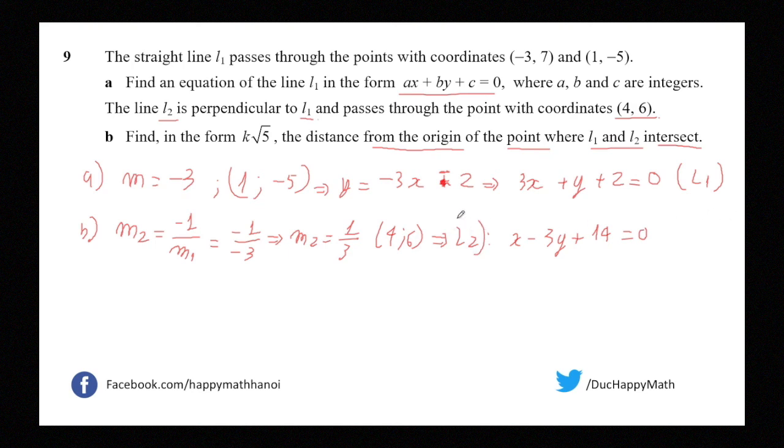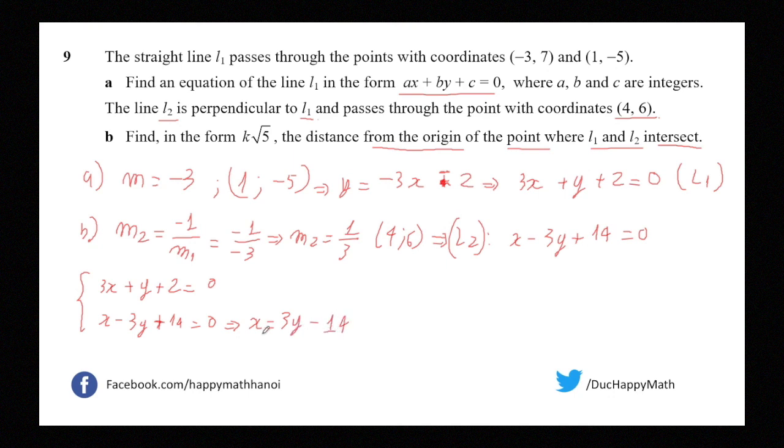So you have to find the intersection point between L1 and L2. It means you have to solve the system of equations. From the equation of L2, I get x equal to 3y minus 14.